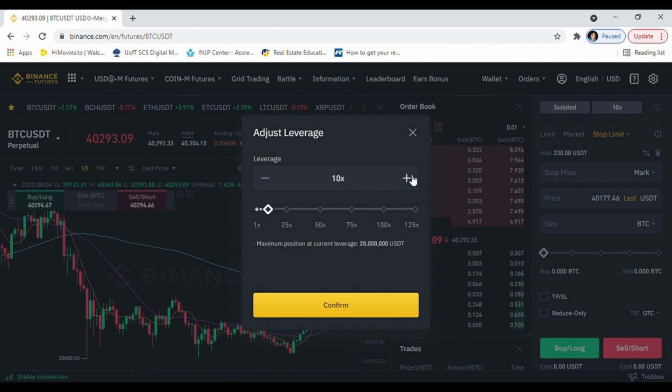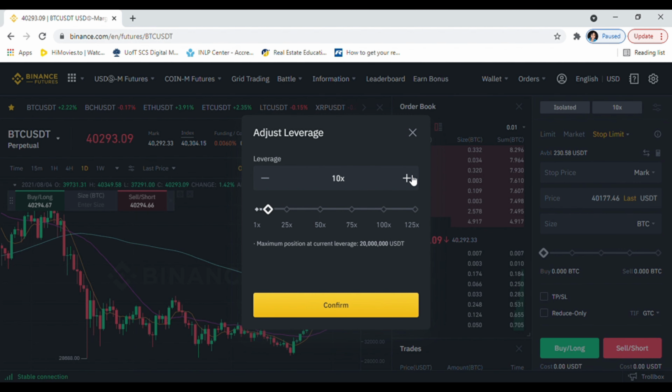So you can see here the minimum leverage you can use is 1x on Binance, and then the maximum is 125. Now, leverage is good, and it's also bad if you don't know what you're doing. So let me just say this. When you use a very high leverage, it becomes very risky. Why does it become risky?